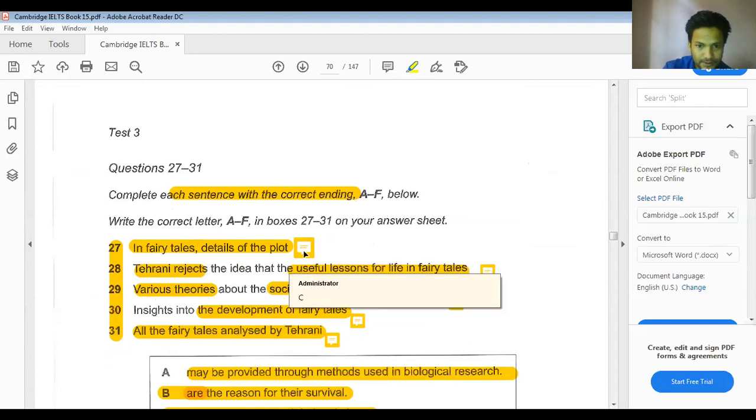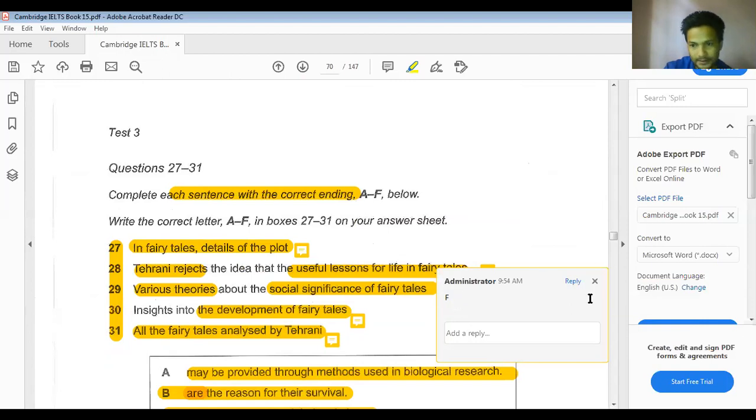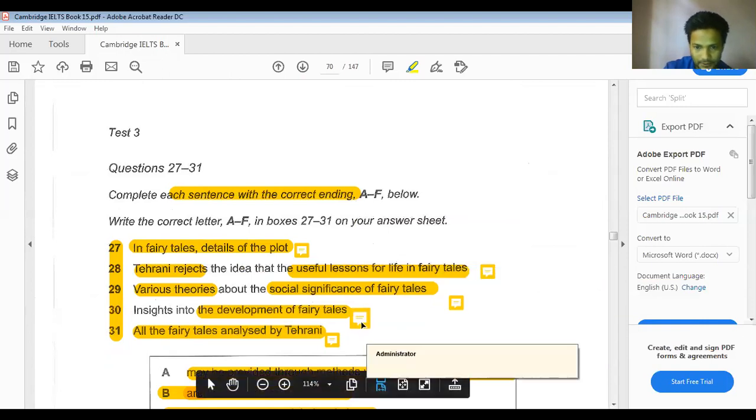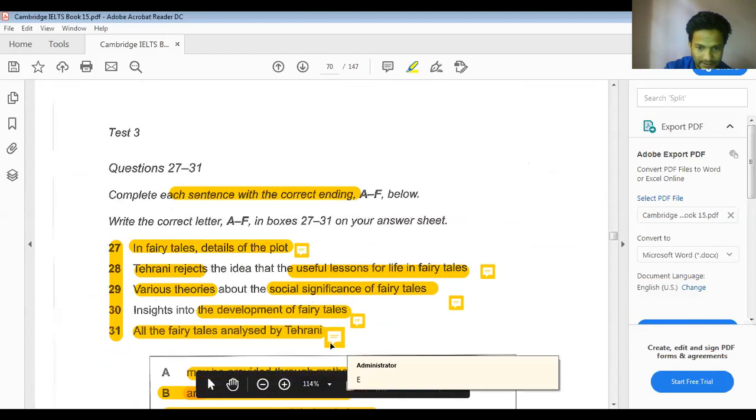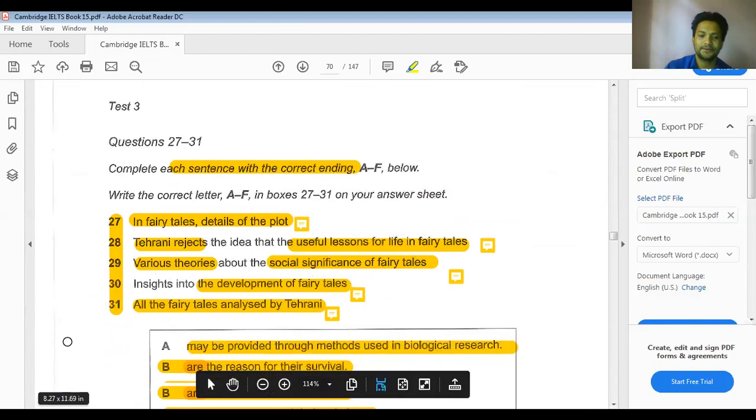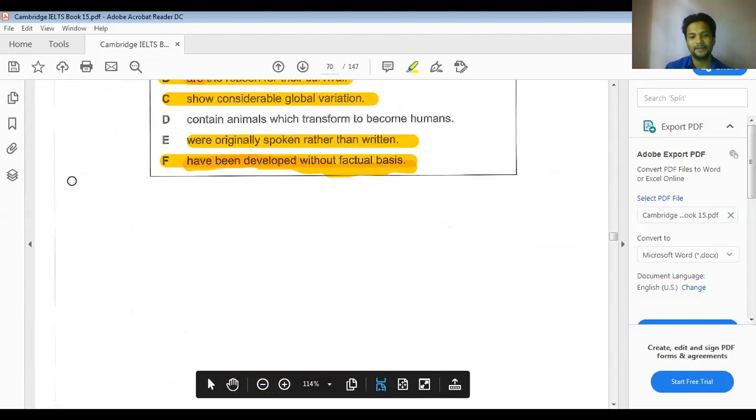Answer for question number 27 C correct, 28 B correct, 29 answer is F correct. That's fantastic. 30 answer is A correct. Okay, 31 E correct. We have already got 7.